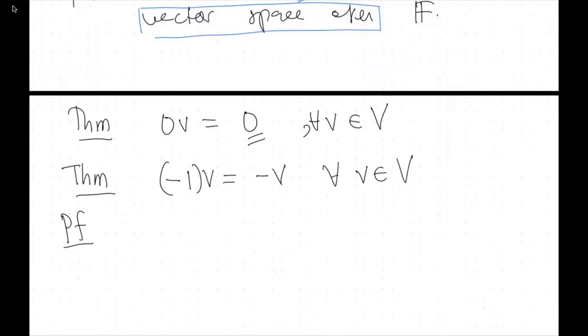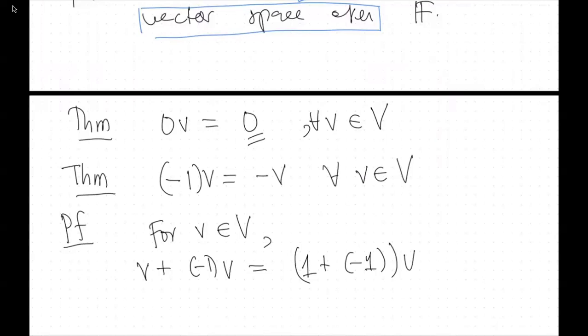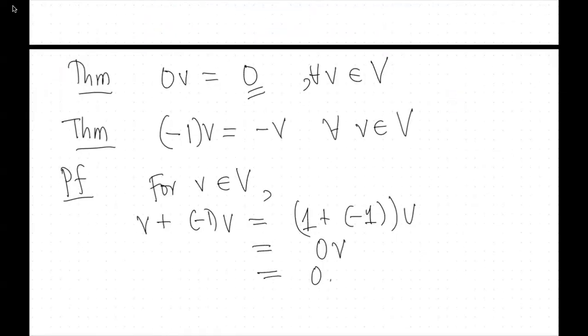So for v in the vector space V, we have v plus negative 1 times v is just 1 plus negative 1 times v. This is from the property. And then this is, of course, 0 times v. And then from above, this is 0.